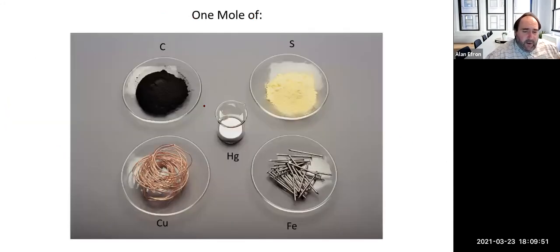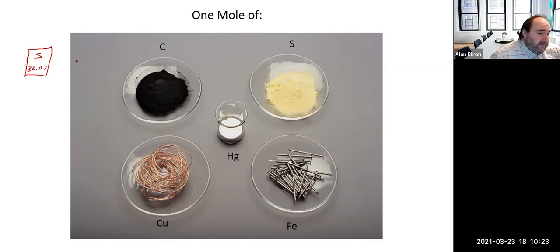Each of these things does represent 1 mole of a substance, and you may look at another picture and go, it doesn't look like the same amount. Even though it all says it's 1 mole of a substance, these don't look like the same quantity. If you just think about the numbers we see on the periodic table, for example, if we look at sulfur, it's 32.07.